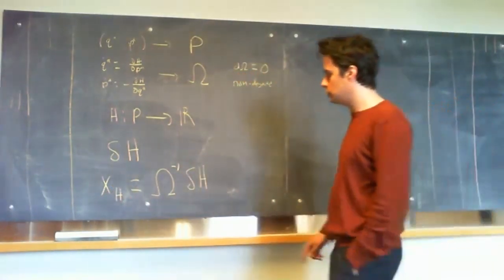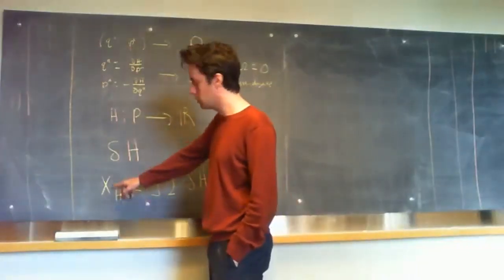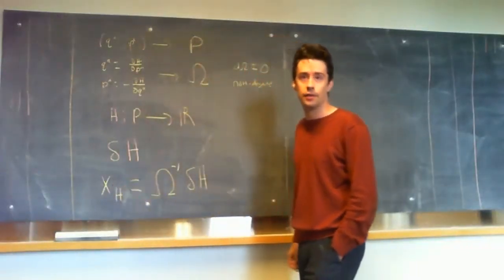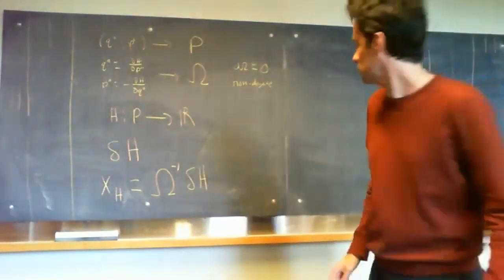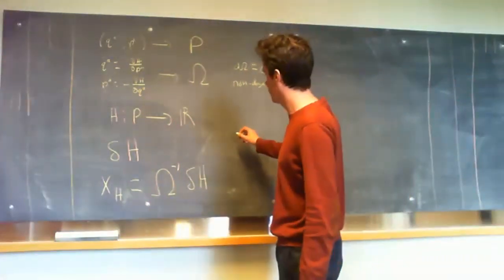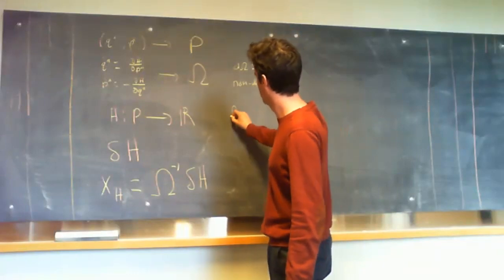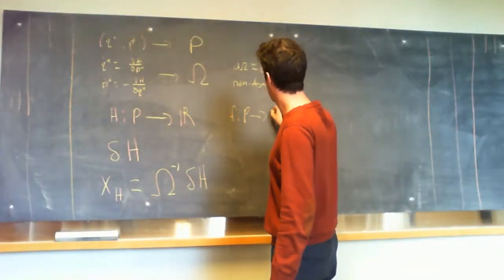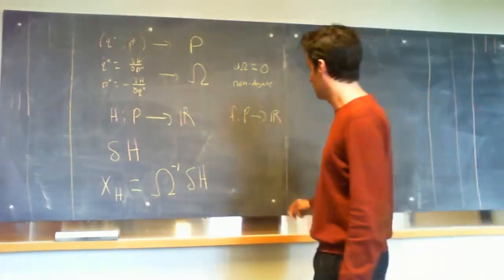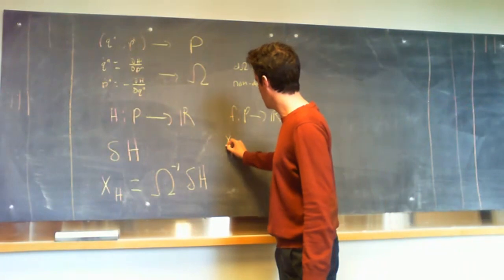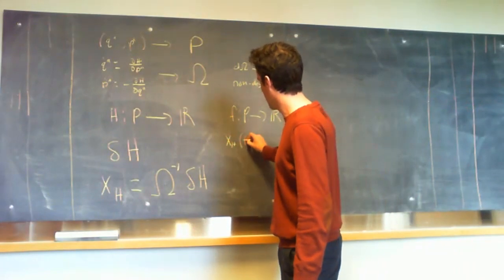Now, once you have a vector on phase space, that's the same thing as having dynamics. Say I have some other function f from the phase space to R, and I want to know how f changes as a function of time. I just take the vector field and act with it on f.